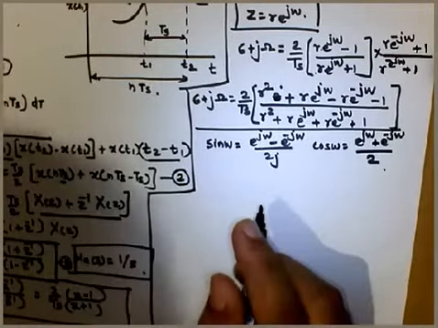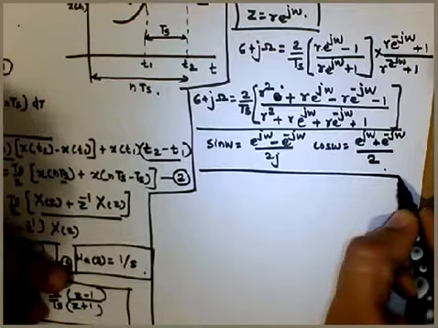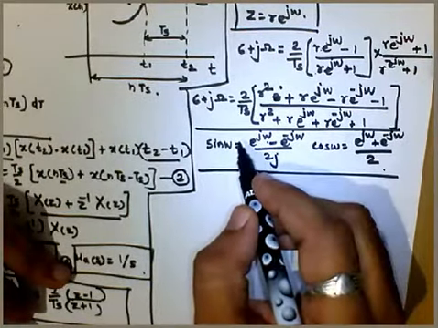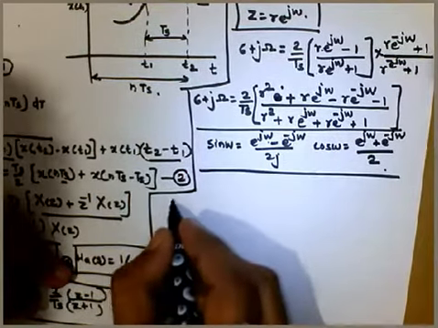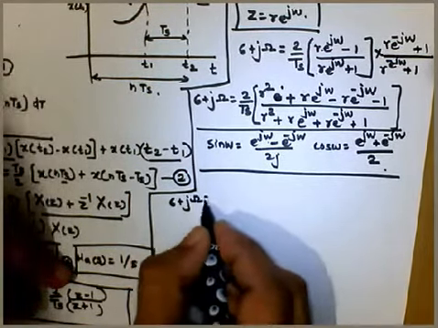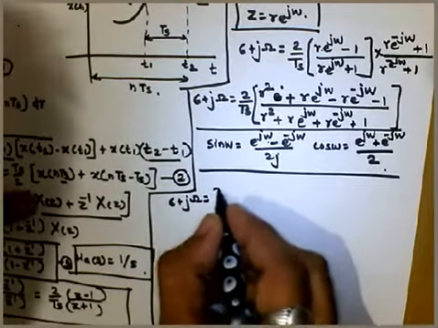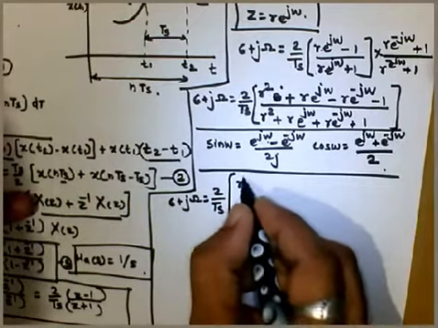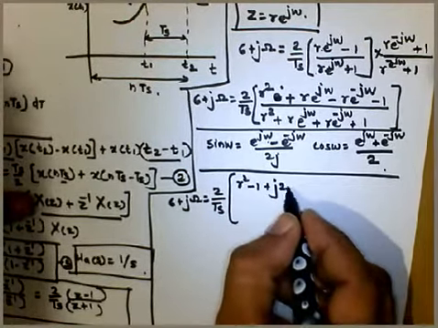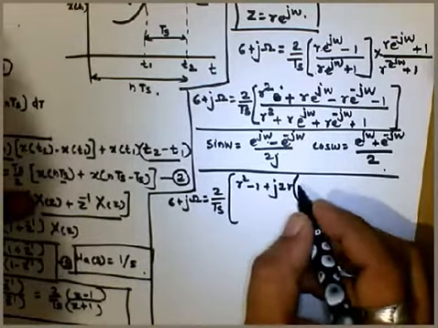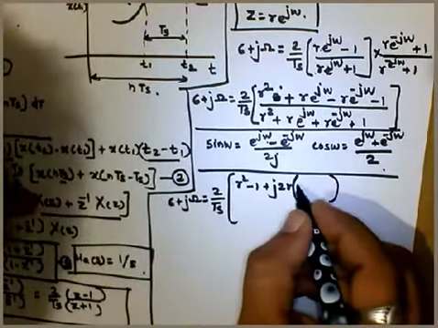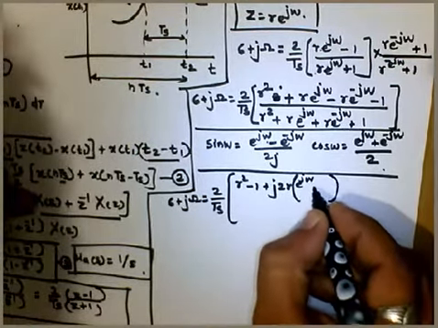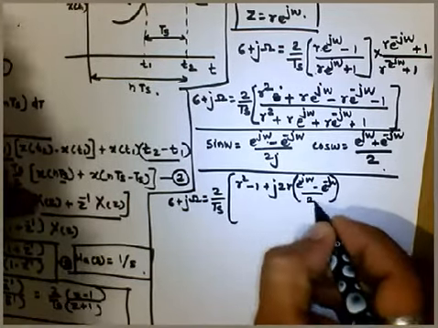Keeping these identities in mind, if we readjust the terms in the numerator and denominator, sigma plus j omega is equal to 2 by Ts times (R square minus 1 plus j 2R times (e raised to j omega minus e raised to minus j omega) by 2j).